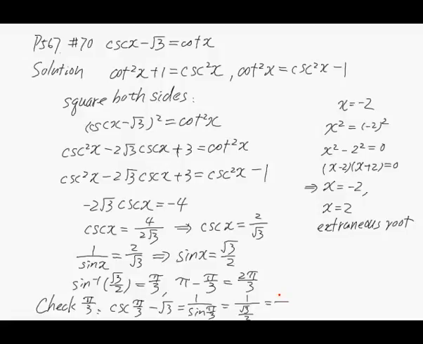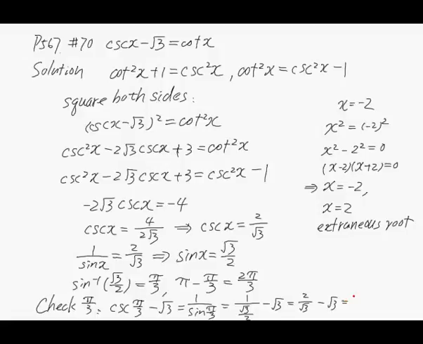Let me write the minus root of 3. We still need to copy this part. So we have 2 over root of 3 minus root of 3. Then let's rationalize the first part.